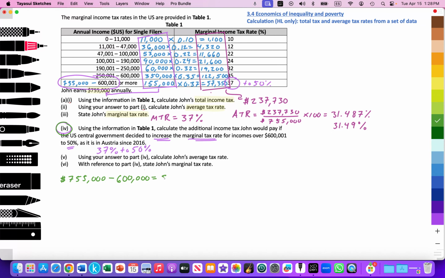That's going to be equal to $155,000. That's going to face this change in the marginal tax rate from 37% to 50%. So that's the $155,000 we see here. Now I'm going to multiply it by 50%, the decimal value of 50 divided by 100, which is 0.50.